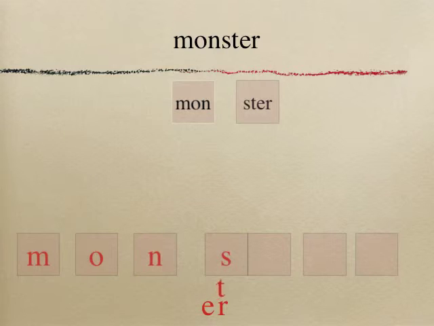That's a blend, and st make the blend. So if we go st, st, st, we know it. And then of course I messed up here the way it looks. E. Or maybe I didn't. And then R. That's a vowel controlled. I left that box on there, and I'm sorry for that. But the E and the R go together because it's an R controlled vowel. So m, a, n, st, monster.